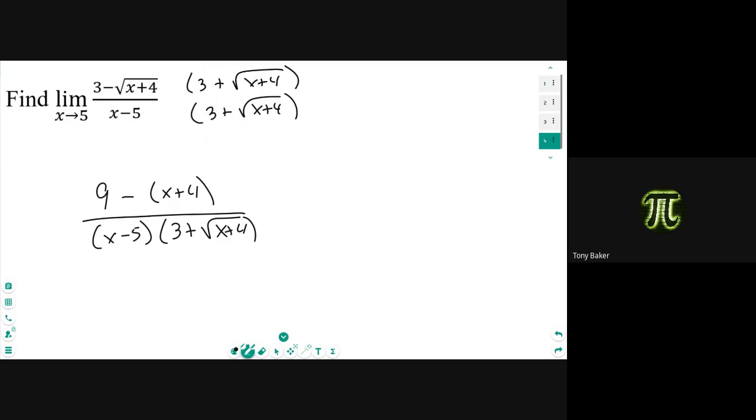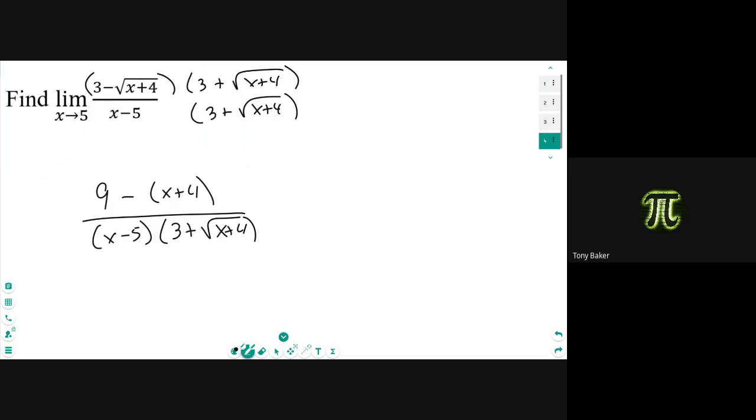So remember, it's the difference of squares, so it's literally just the square of each one with the minus between it. All right, I still can't plug in 5. What do I do now? What will be your next step?